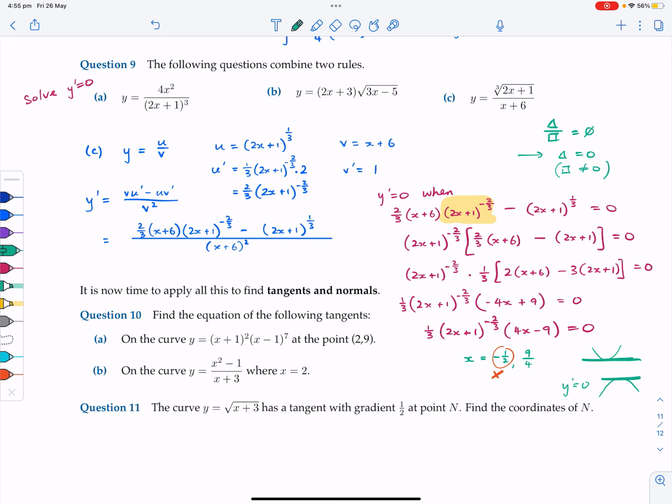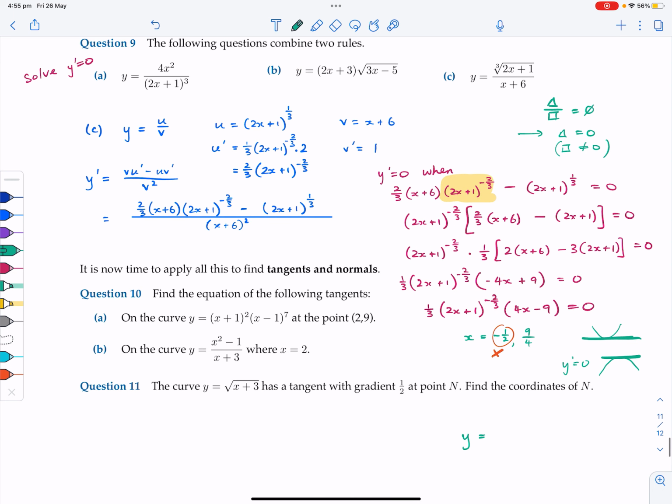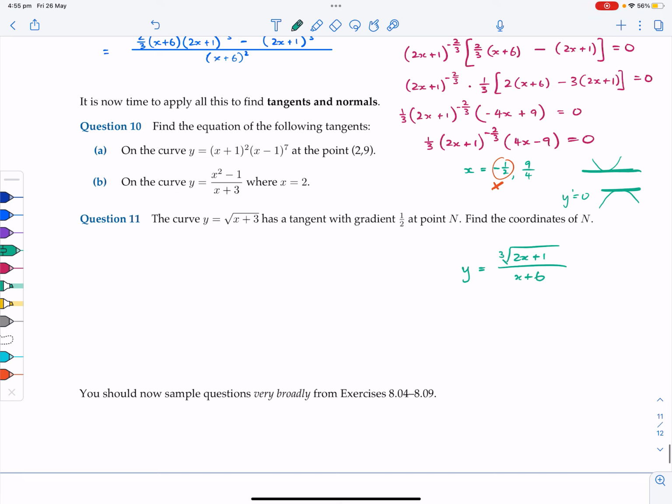So I have no idea what y equals the cube root of 2x plus 1 over x plus 6 looks like, but I'm going to tell you two things. Number one, the denominator grows a lot faster than the numerator.